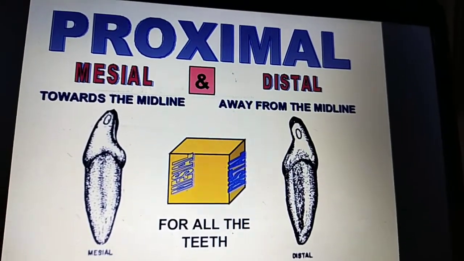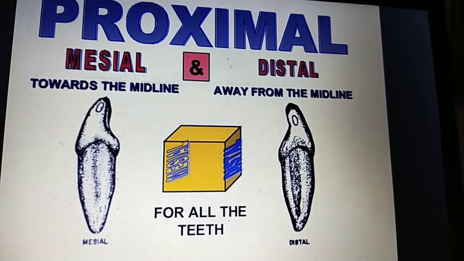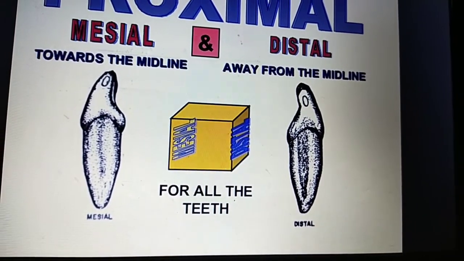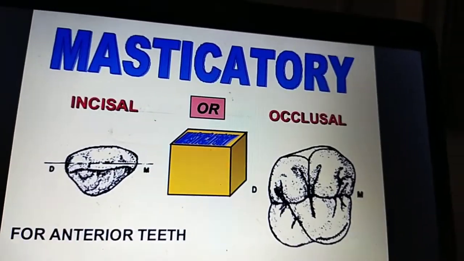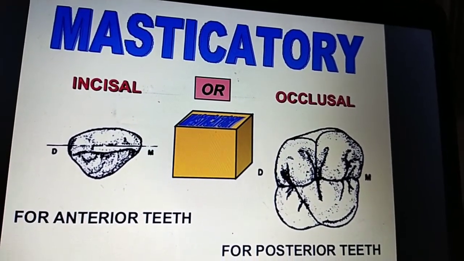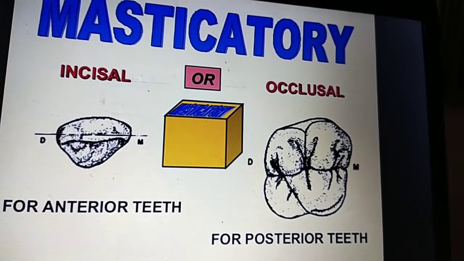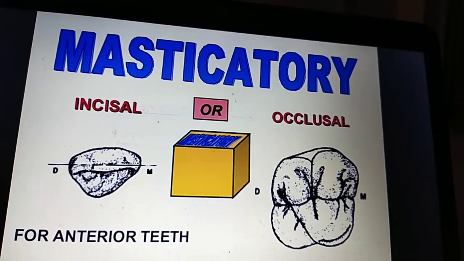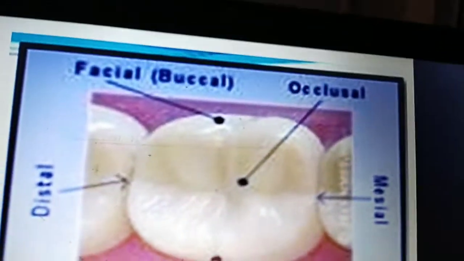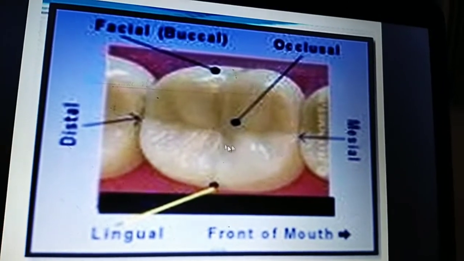Then proximal surfaces: mesial is towards the midline, and distal is away from the midline. You can see this is the mesial surface, for all the teeth. Now the masticatory surface, or occlusion: incisal for the anterior teeth, and occlusal for the posterior teeth. Here these are the posterior teeth.